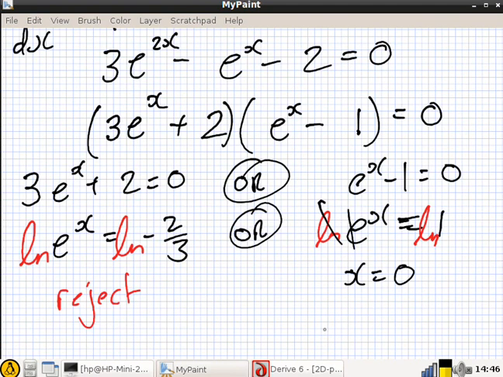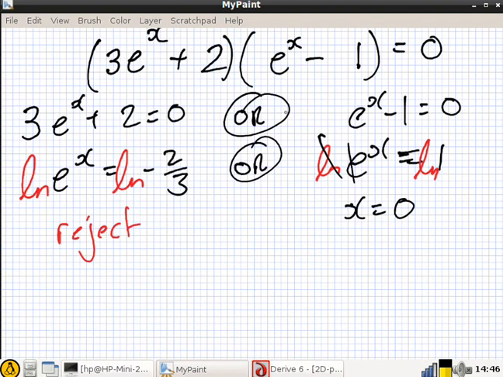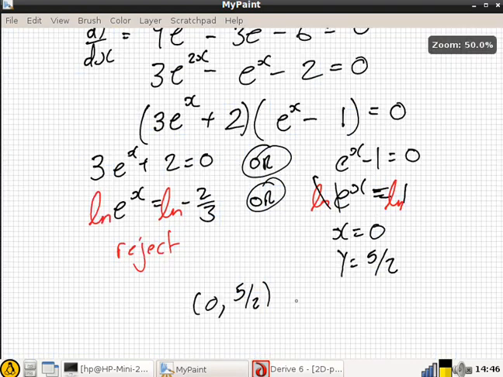So it was actually nearer to 0 than I thought. X is 0, we can put that back in to get the y. 5 over 2. So the point is 0, 5 over 2. Let's have a look at that on the graph.